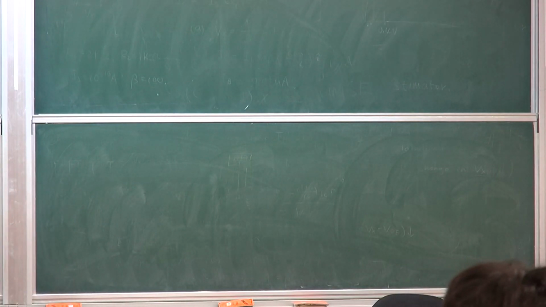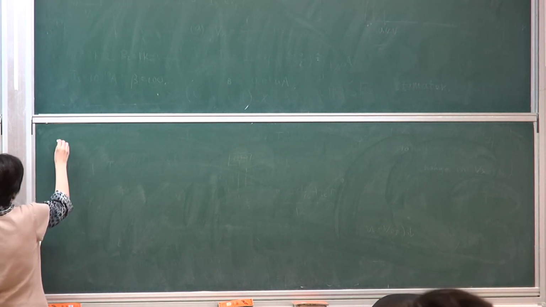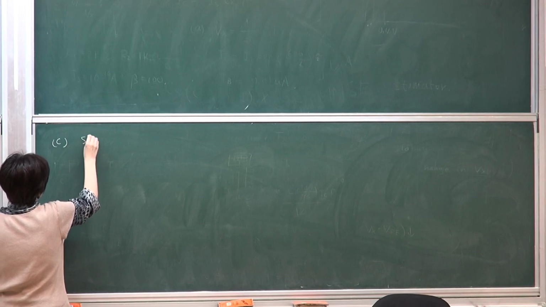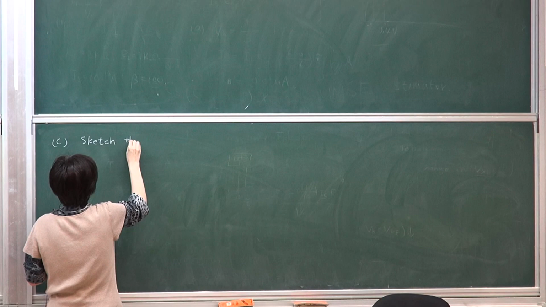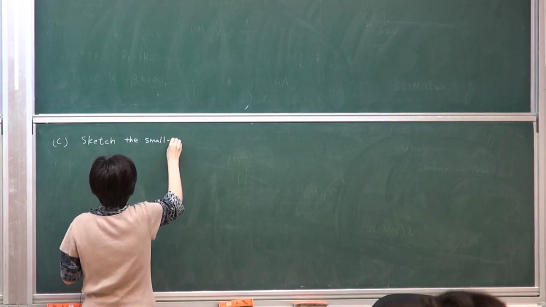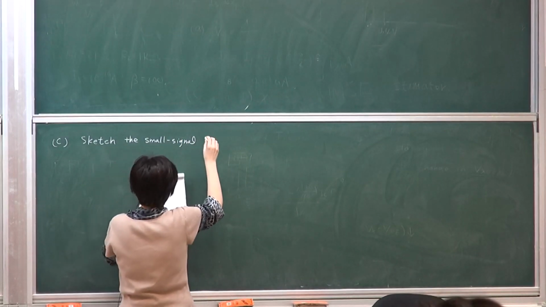Simply, you should be able to do the third part. I've already set my operating point, and the third part will be to sketch the small signal equivalent circuit.